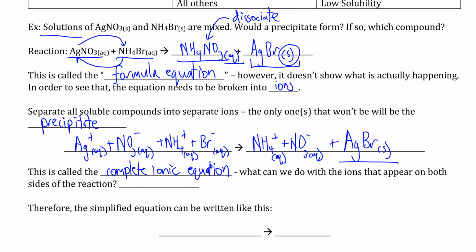Now, as we've looked at with previous reactions and as we know with mathematical equations, whatever appears in the reactants and the products means that there has been no change in the overall structure, which means that we can cancel them. So we see that nitrate appears in the reactants and the products unchanged, so we can go ahead and cancel that, and likewise for ammonium.